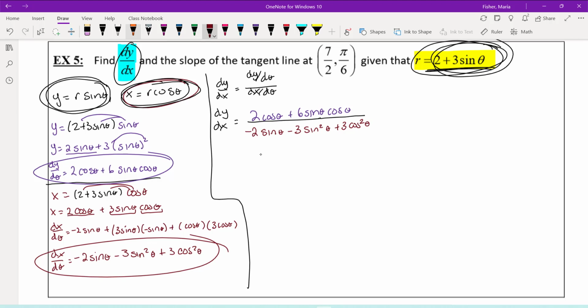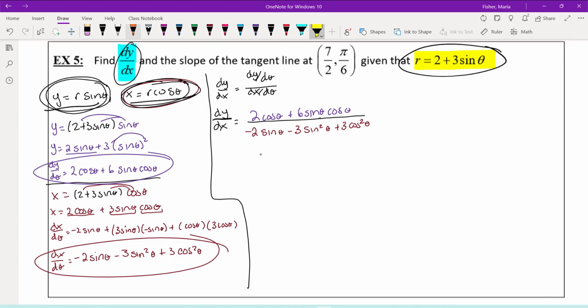Again, you don't need to memorize that formula as long as you take your given r, your given function, and then find out what is y and what is x. After you find what y is, find dy/d theta. After you find what x is, find dx/d theta. And then, just like parametric equations, dy/dx is dy/d theta over dx/d theta. So we found dy/dx just like it asked for.